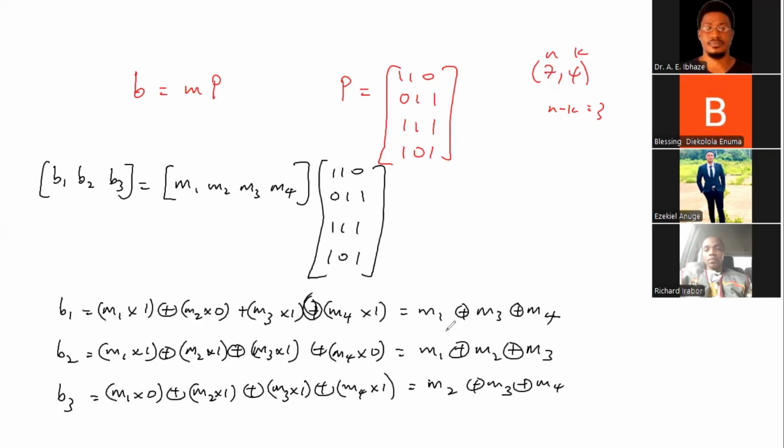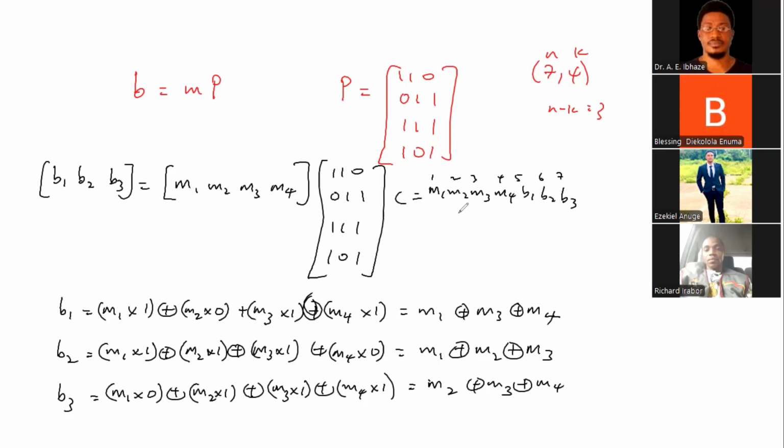So we've been able to develop a system of equations for our parity bits. So we now know that if we have M1, M2, M3, M4 with B1, B2, B3, this will give us 1, 2, 3, 4, 5, 6, 7 bits for my code word, right?